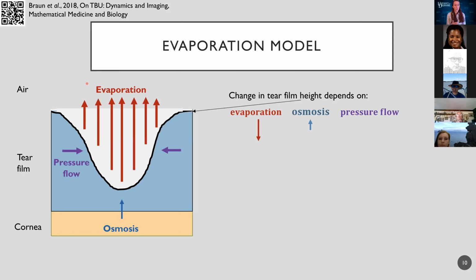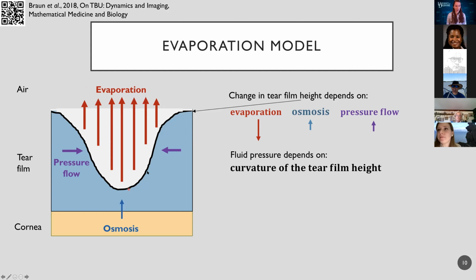And there's inward pressure flow trying to fill in the breakup region, so it's bringing water into the breakup region and increasing the tear film height. So kind of competing things going on. This fluid pressure itself is based on the curvature of the tear film, and they're negatively related. So when the tear film is concave up, right, it looks like a smiley face here, that means the pressure is negative, and that tells you the direction, it's inward.